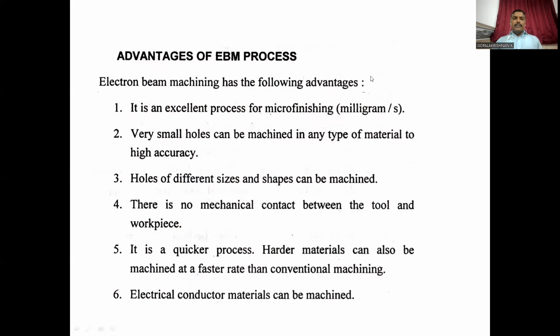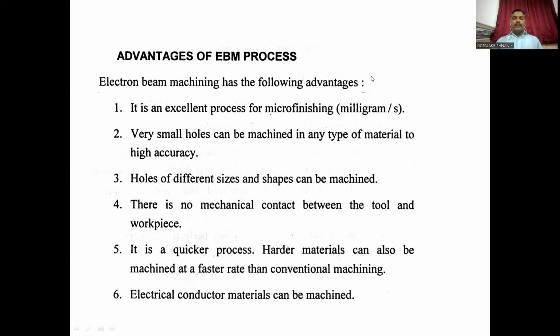Next, advantages of the electron beam machining process. This is an excellent process for microfinishing. Also very small holes can be machined, and holes of different sizes and shapes can be machined using the electron beam machining process. There is no mechanical contact between tool and workpiece, and it is a very quick process.